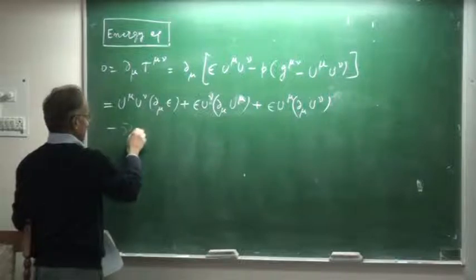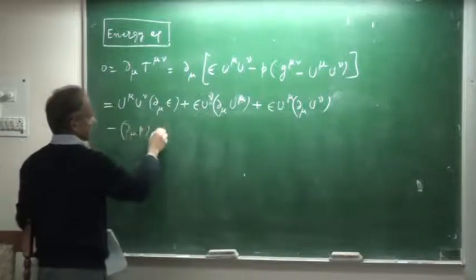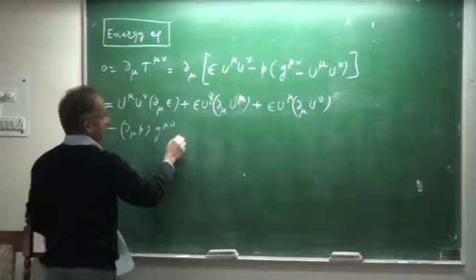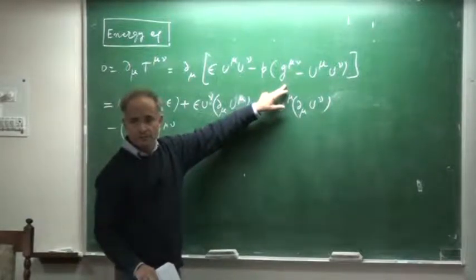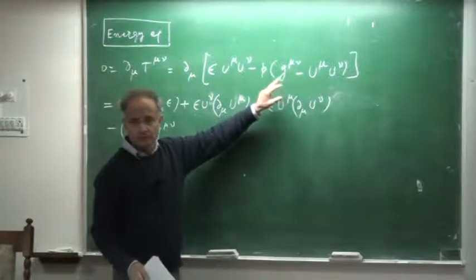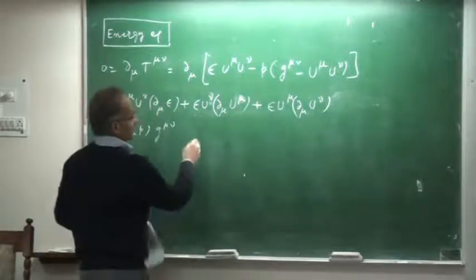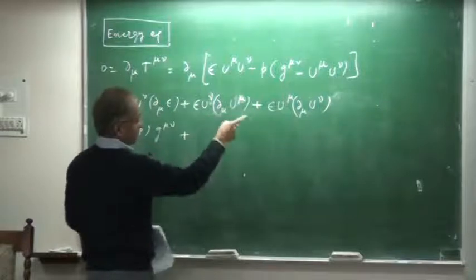Then del mu acting on P, and then there is g mu nu. g mu nu is a constant matrix, so del mu is not going to act on that. And again here I will have three terms.